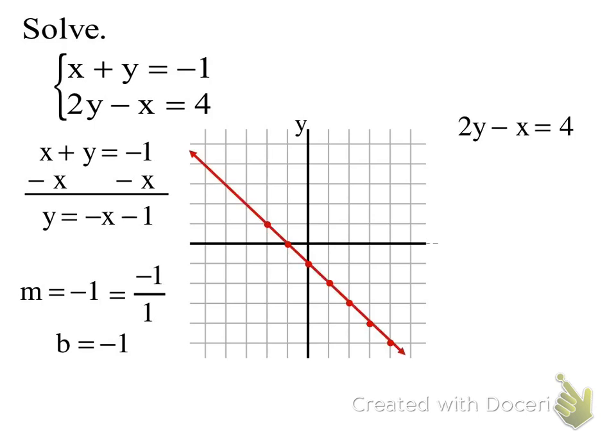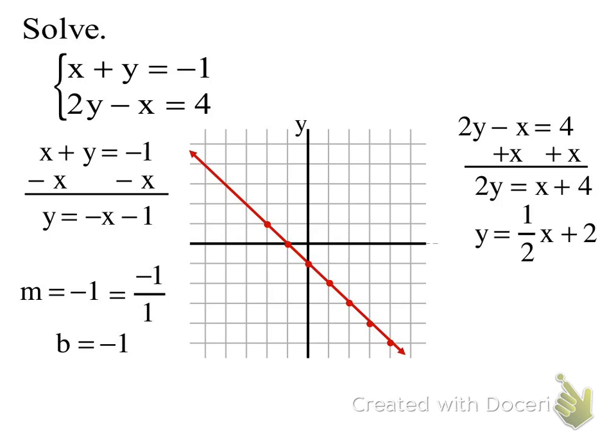On the other one, we're adding x, divide by 2. Nicole, what is my m, what is my b? Your m is a half and your b is 2. Good, so I'm starting at the +2. Do you understand why it's 1/2? Because it's divide by 2. It's not 2, there's a 1 here that we don't naturally see.